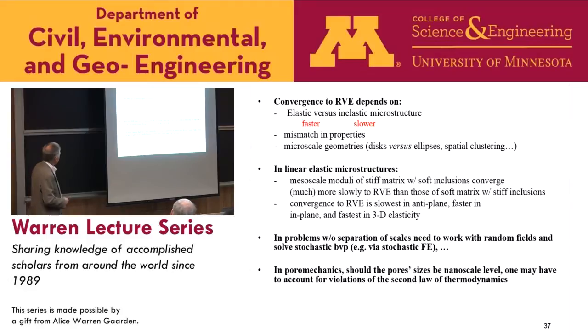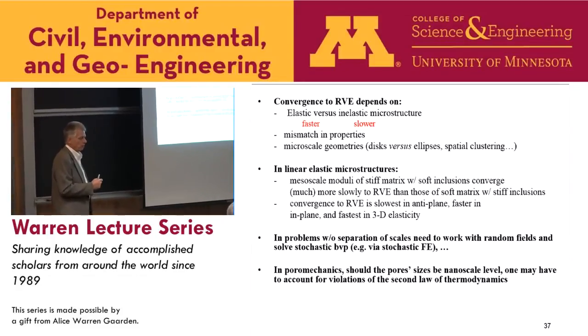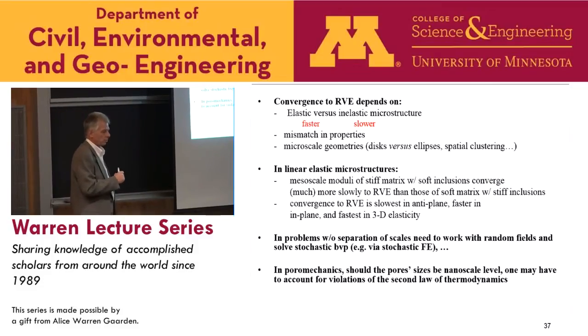In problems without separation of scales, one needs to work with random fields and solve just stochastic boundary value problems, which typically are done. So you look at typical mathematics texts, stochastic PDEs, just assume some random fields of Lamé constants, coefficients.